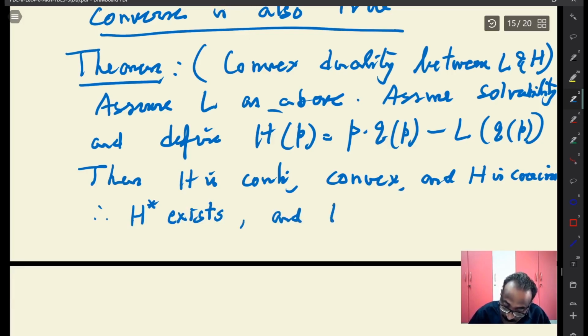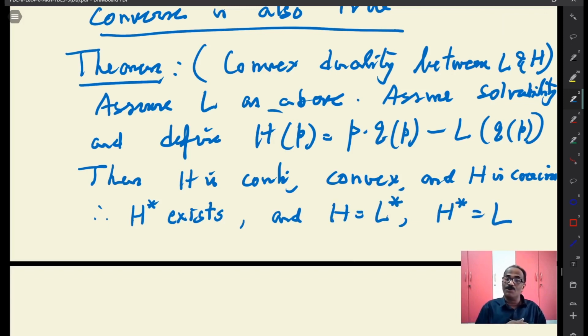This you already know, H is equal to L star, and H star is L. So you will get back your L. L is defined, you get H equal to L star, which you already proved. But I am saying that H also satisfies similar properties of continuity, convexity, and coercivity, and hence you can define H star, and that H star will be L.